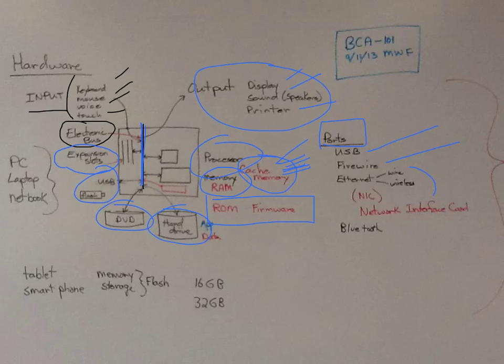Ethernet, you either have a place to plug in a wire, or there's probably an antenna, you may not see it in your laptop, that allows you to communicate. That communication, network interface card, allows you to interface with a network. Typically nowadays either you have a wire connected or you're wireless. And then some computers allow you to do Bluetooth. You might have a keyboard or something to connect that way.